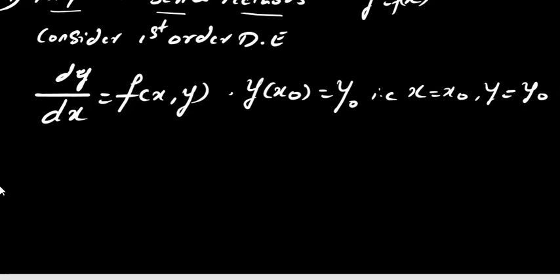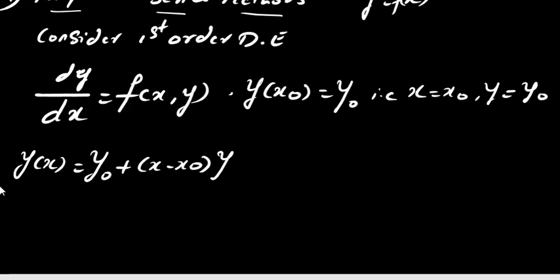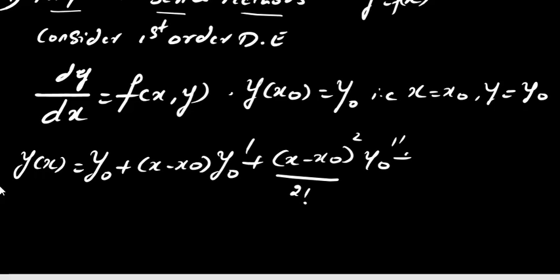So the formula here is y of x is equal to y naught plus (x minus x naught) y naught dash plus (x minus x naught) the whole square by 2 factorial y naught double dash plus (x minus x naught) the whole cube by 3 factorial y naught triple dash.